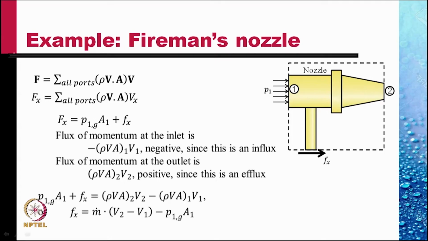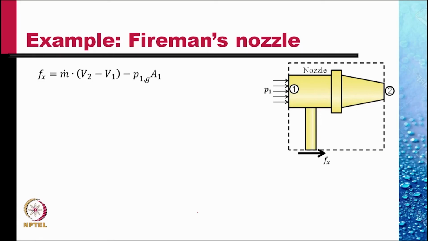So the equation of momentum reads P1 gauge times A1 plus Fx is equal to rho V A at 2 V2 minus rho V A at 1 V1. This is simplified to obtain this result. We can apply the Bernoulli equation between point 1 and 2.